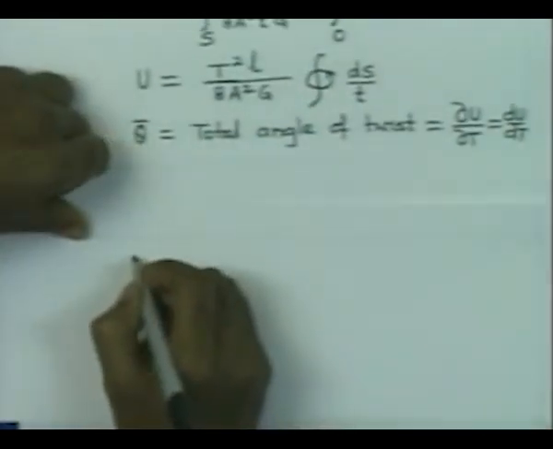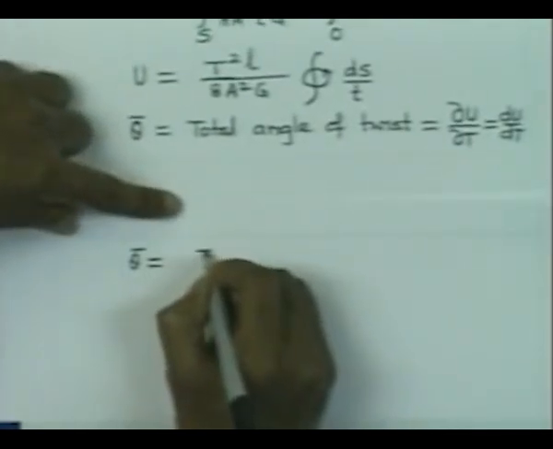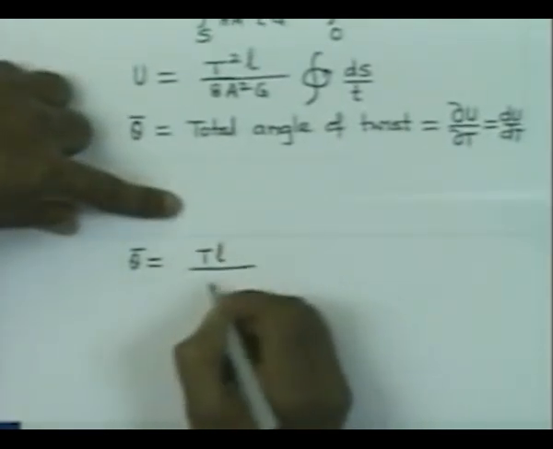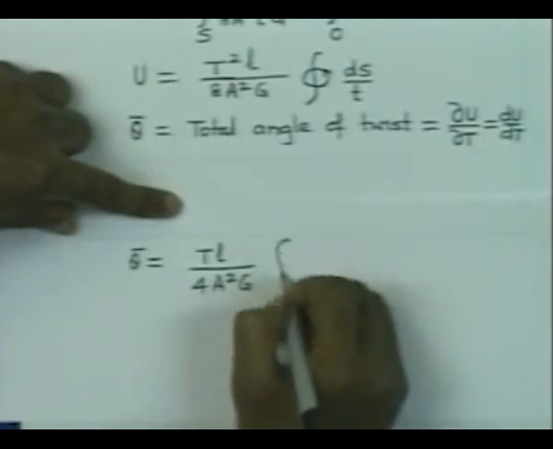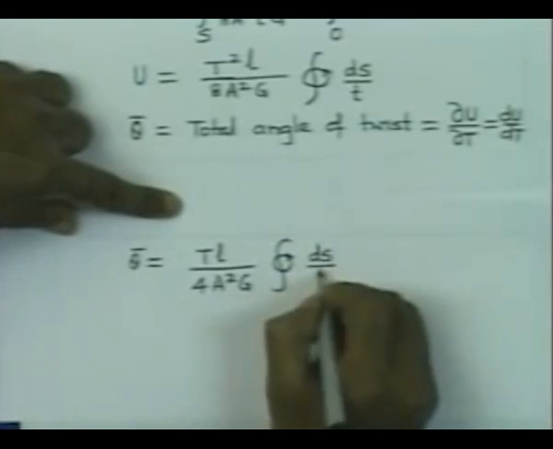So, we get now theta bar is equal to TL by 4 A square G integration of this quantity ds by T.